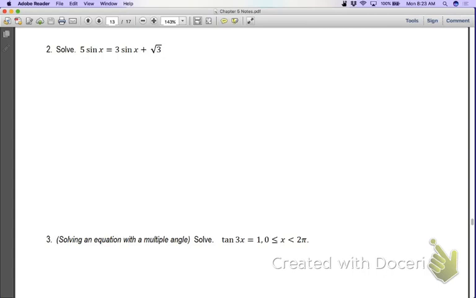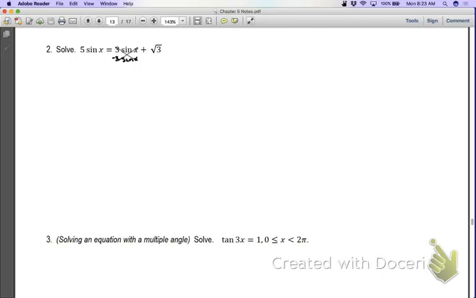So now on 2, I have 5 sine of x equal to 3 sine of x plus the square root of 3. What do you want to move? Do you want to move the 5 sine x? The 3 sine x? The square root of 3? What would you prefer moving to one side or the other? 3 sine x is a good idea.